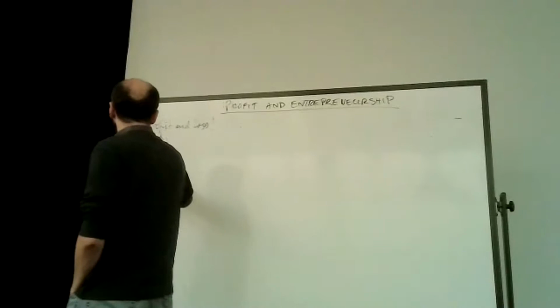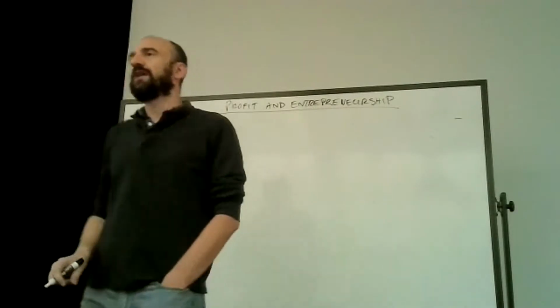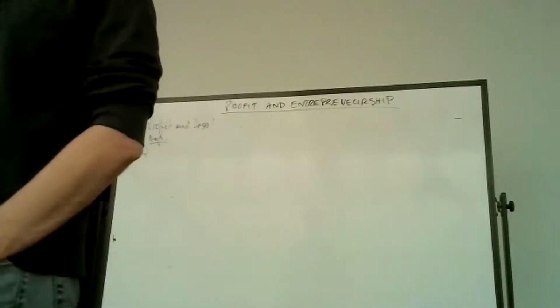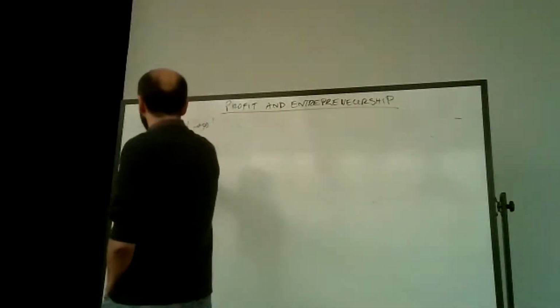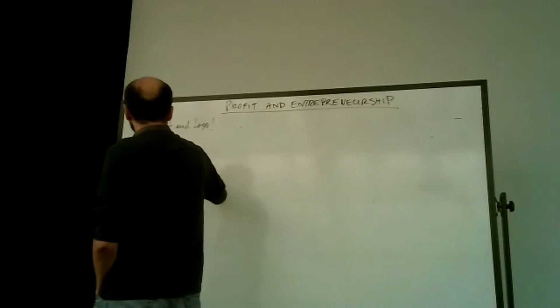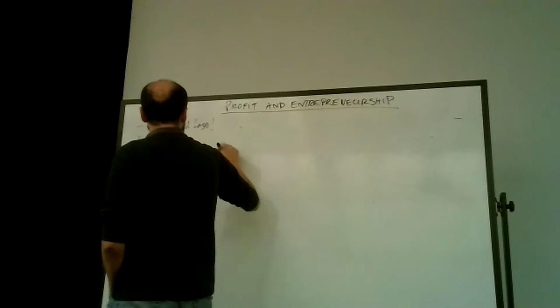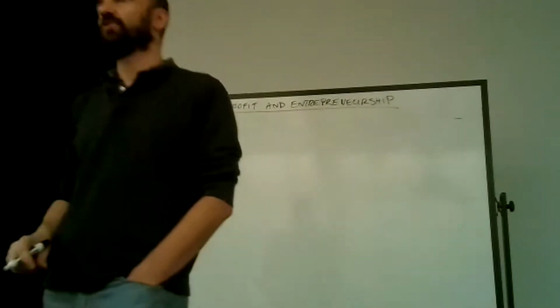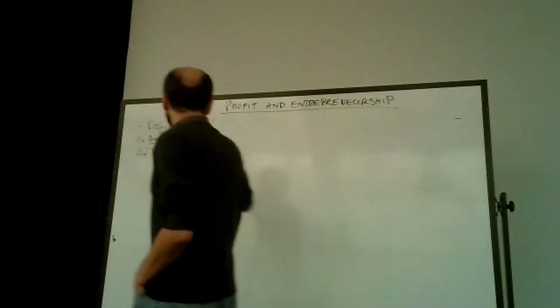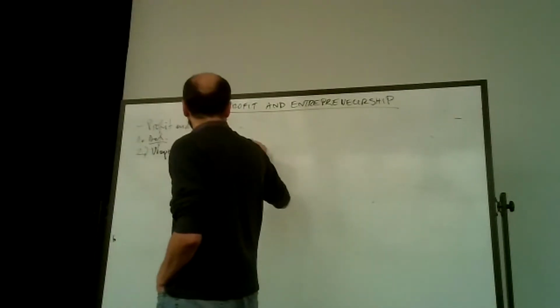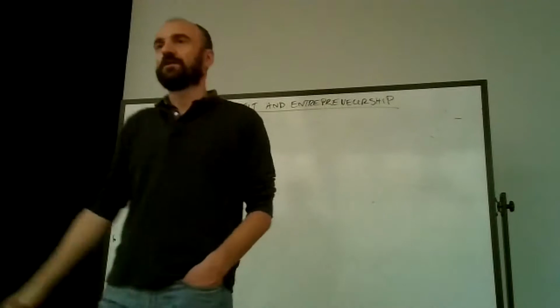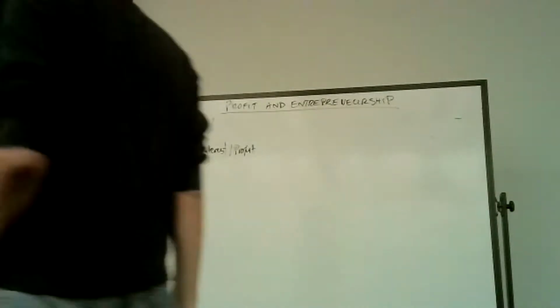Then we're going to try and distinguish between profit and other types of income that exist in a market economy, like wages, rents, and interest. See what the differences between these types of income are, how we are to understand them, and how profit fits into the analysis of wage, rent, and interest incomes.